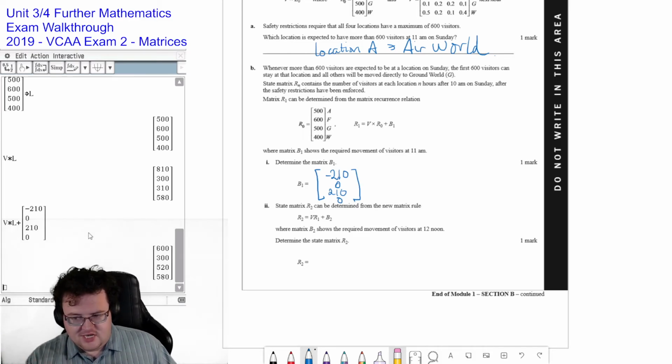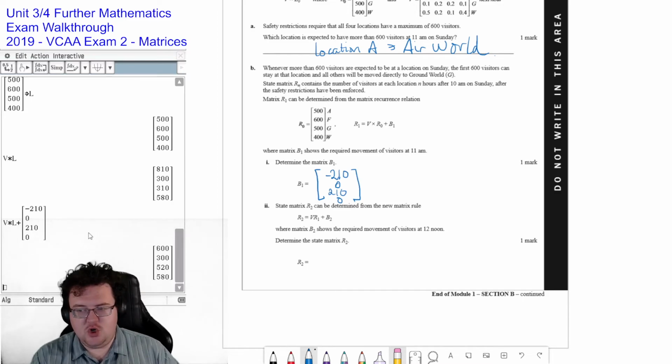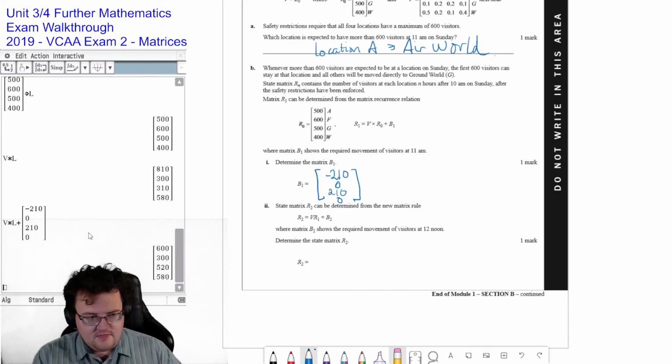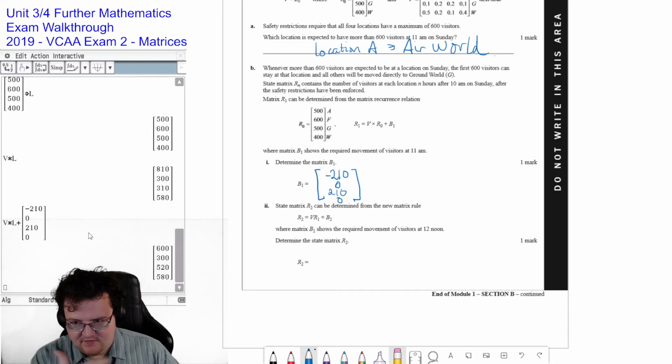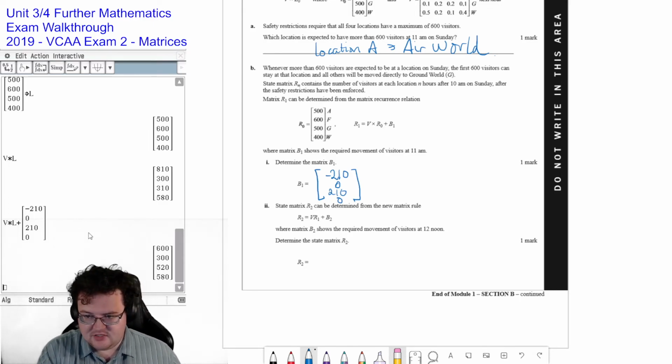Well, what we need to do now is put V through this matrix again and see what the new one is at midday. Then figure out how many more we have or how far over we are to then shuffle them along. So we're going to take that matrix and multiply it by V. V times ANS.